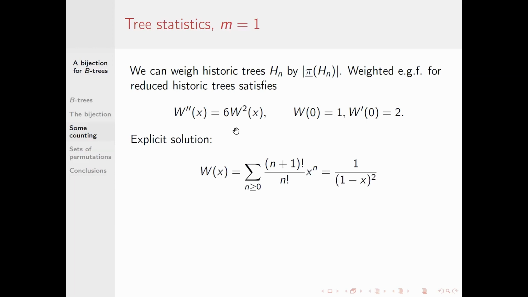You see this. This is not so surprising because, of course, if you go through all of the histories of n and add together the number of permutations, you should get n factorial.